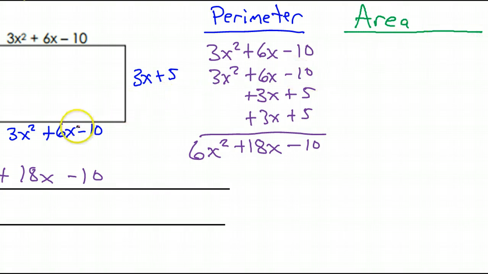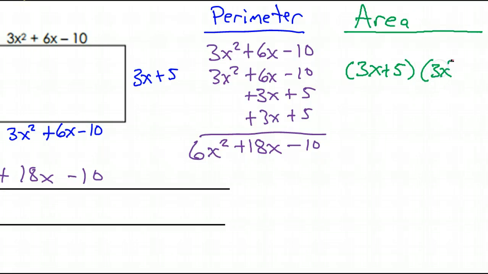I want to multiply these two together, because it's like length times width. But I like to put the binomial before the trinomial. It just makes me feel better. So I'm going to put 3x plus 5 first, and then 3x squared plus 6x minus 10.